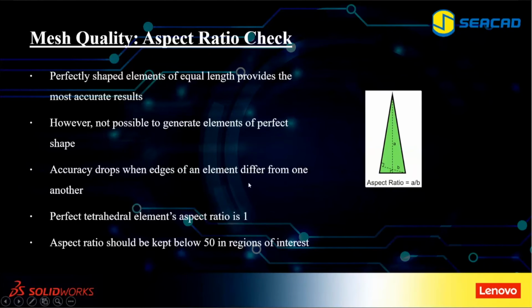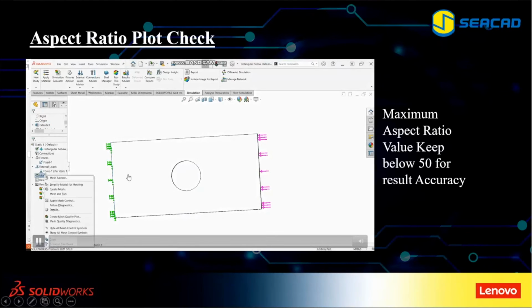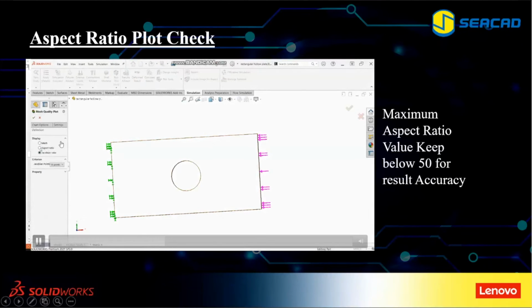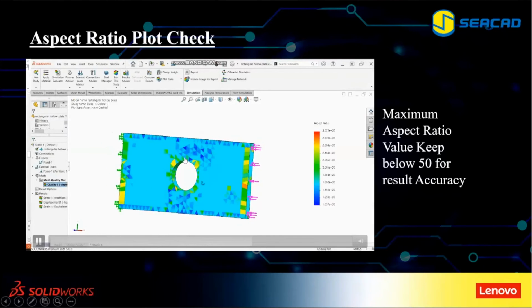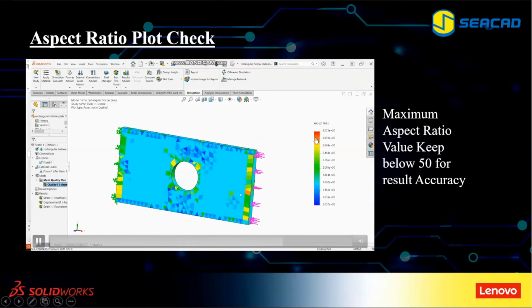So this is how you can evaluate the quality of the mesh. Let me show a small video of how to plot the aspect ratio. In this video, you right click the mesh and create a mesh quality plot, and under the display, choose the aspect ratio and click OK. You can see the legend: the red color indicates a large aspect ratio, and the blue color indicates a smaller aspect ratio.